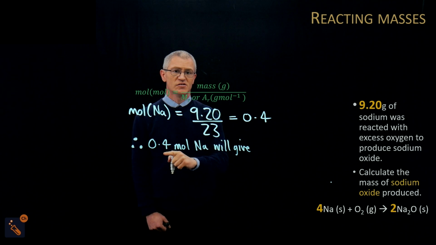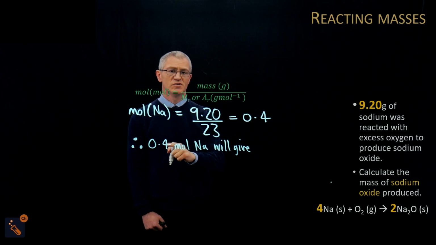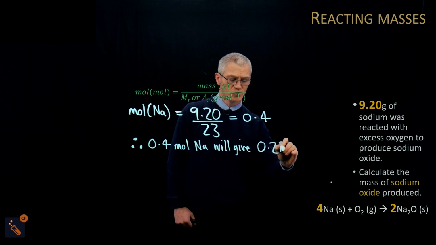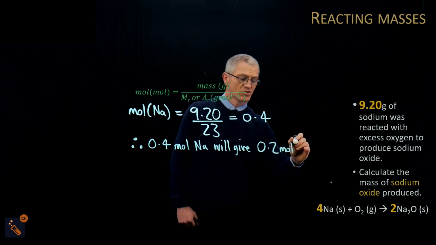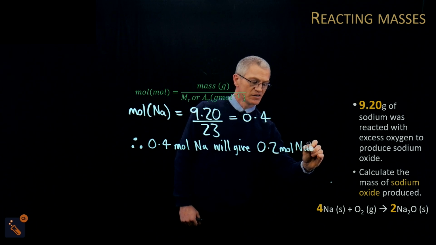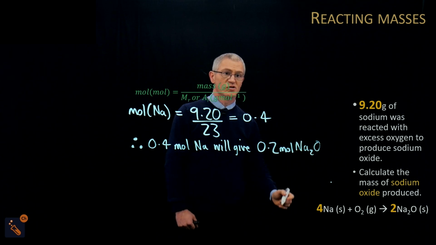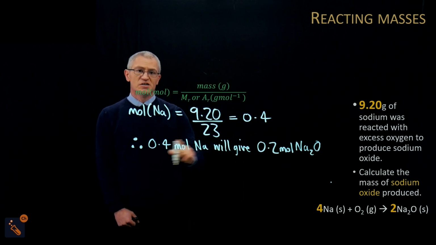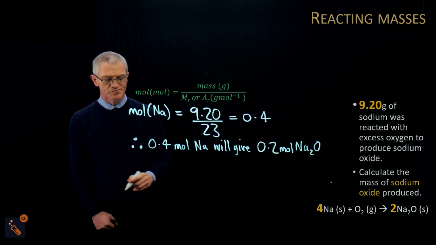That means 0.4 divided by 2 is 0.2, so that will give 0.2 moles of our Na2O, our sodium oxide. So our ratio is 2:1, and that's what we've done.